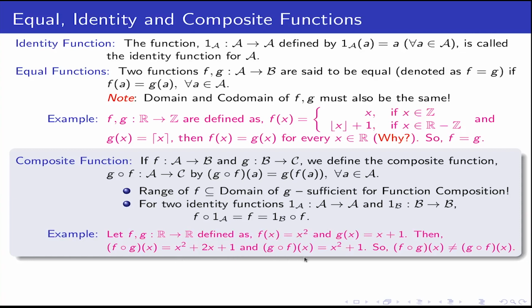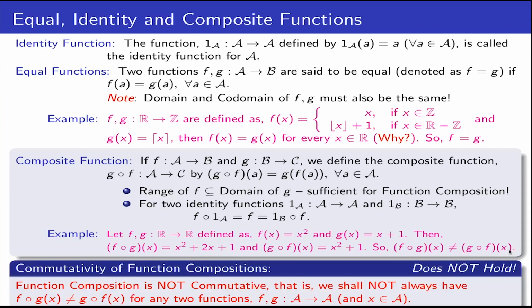Now we apply g o f, which is first apply f, which is x square, and then apply g here. So it will be x square plus 1. You can see that though I compose it in a different way, the compositions are not always the same. If I change the order of composition, it may differ. So f of g of x is not equal to g of f of x.